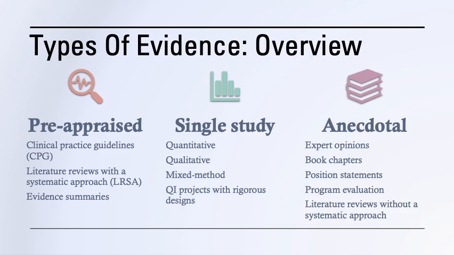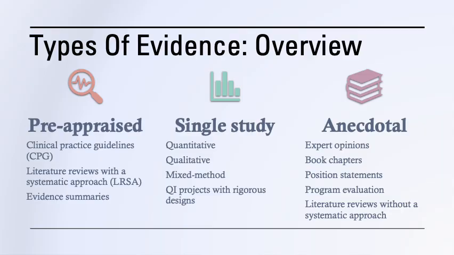The third type of evidence is anecdotal evidence. Anecdotal evidence is published information that was not generated from a research study, but rather generated from personal, professional, or clinical experience. Anecdotal evidence may or may not be peer-reviewed.